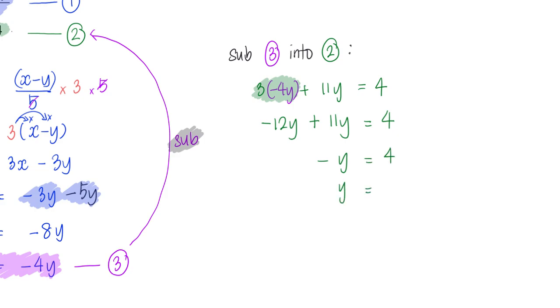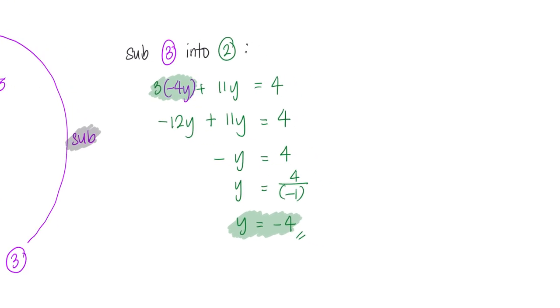So my y equals 4 divided by negative 1. y is negative 4. And finally, now that I know y is negative 4, I just need to substitute this into equation 3. So I'm going to substitute y equals negative 4 into equation 3, since I now know my x equals negative 4y.